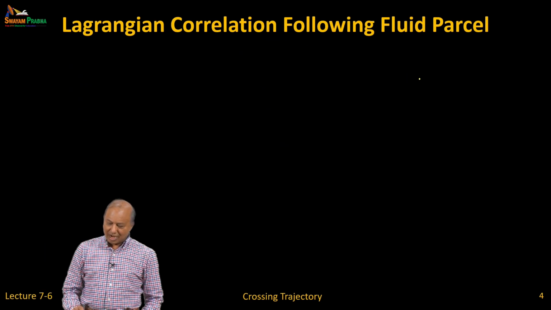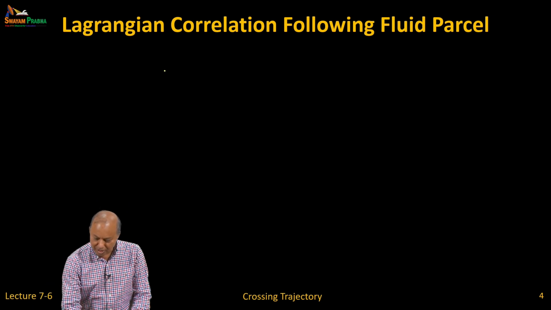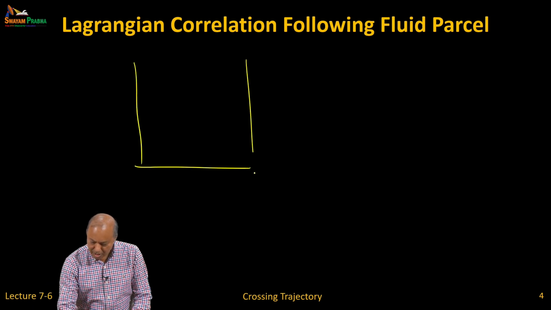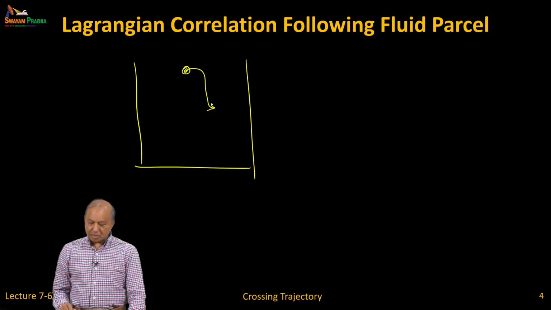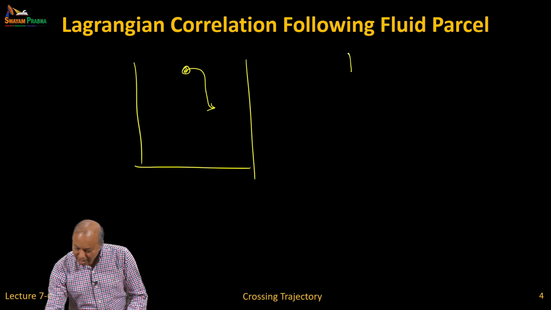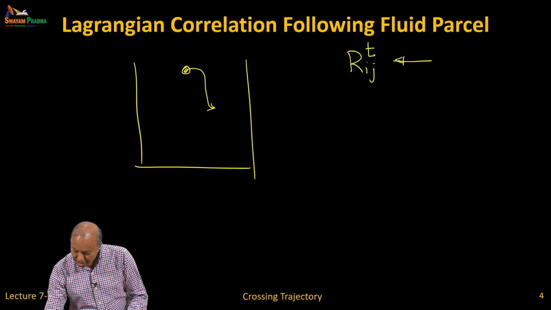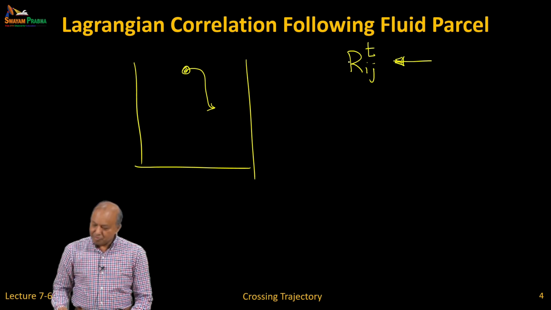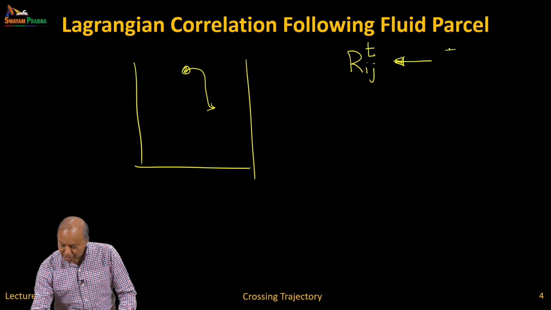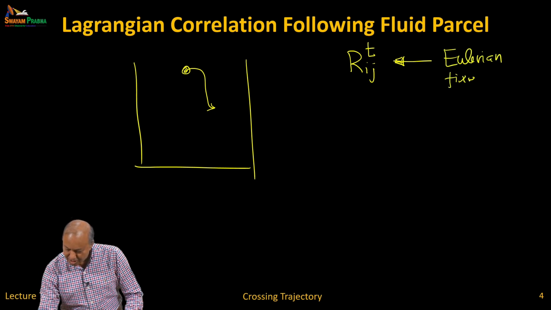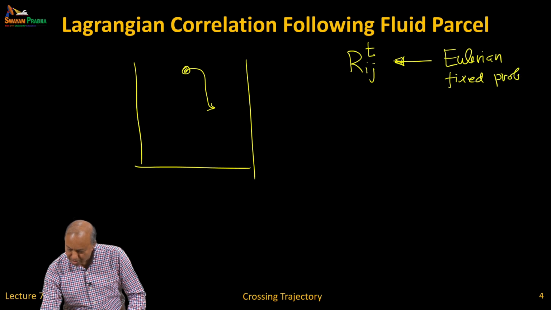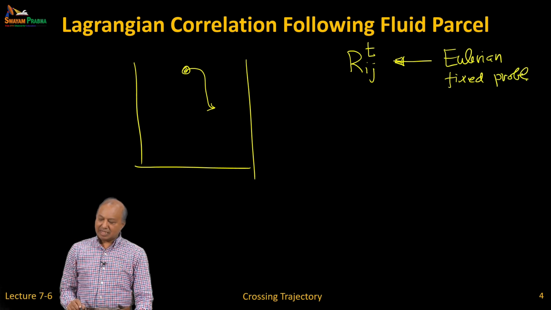The way we connect it is in the following way. Here you have a particle and the particle is moving. This is Eulerian, a fixed probe, not following anything.